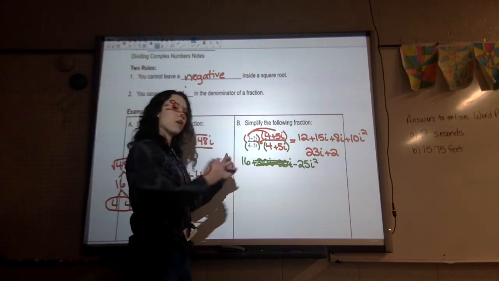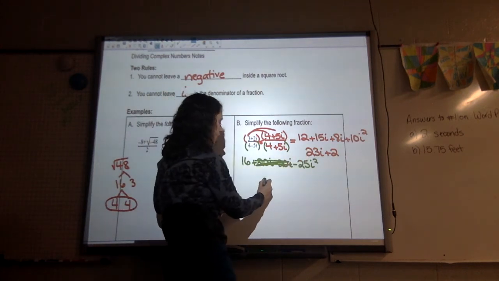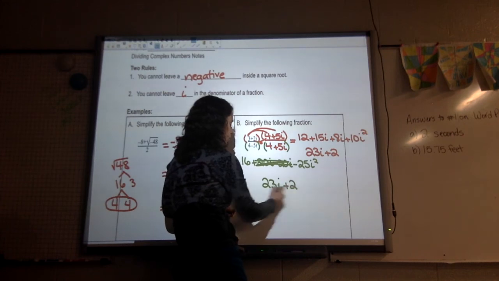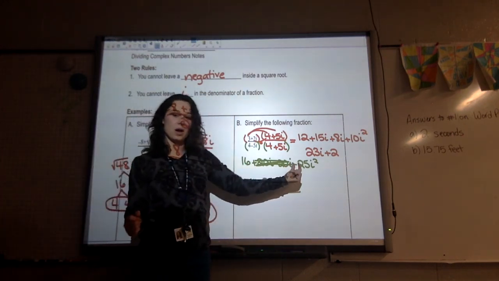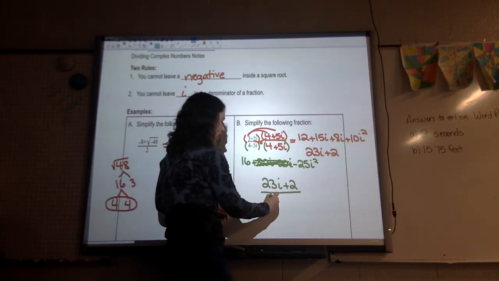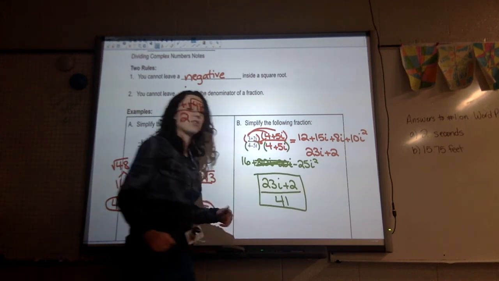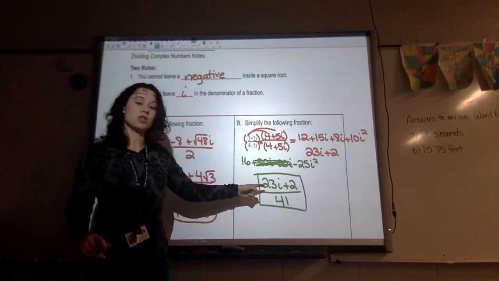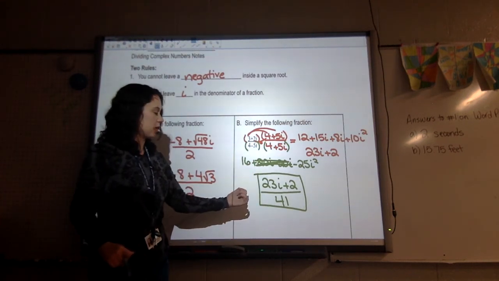So let's look at what my final answer would be. When I multiplied this out on top, I got 23i and 2. On bottom, once I simplified 16 minus 25i squared, I got 41. And there's my answer right there. I always check to see if I can reduce, but there's nothing that goes into 2 and 23 and 41, so I'm done right there.